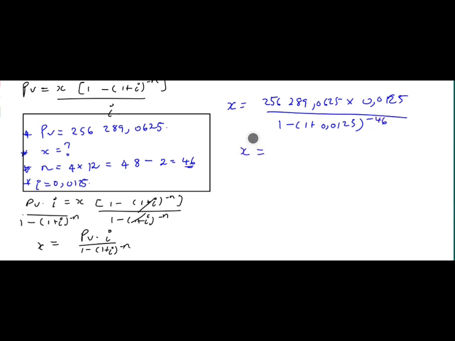And the answer would be, let me get my calculator quickly, 7,359.79. So that means you'll be paying this much every month for the next 46 installments.